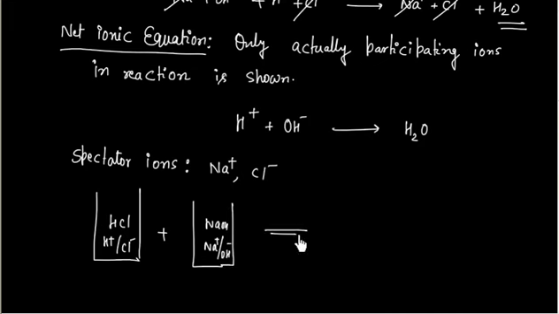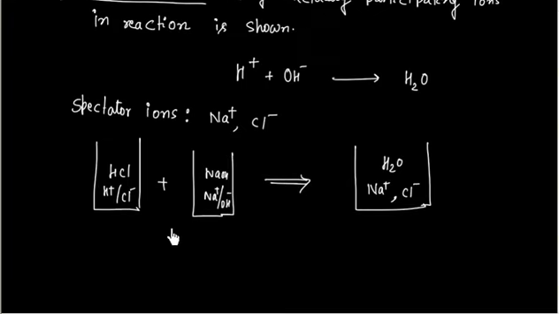If you mix these two solutions, water will form, and the solution will still have Na+ ion and Cl- ion. Initially you have Na+ and Cl-, and finally you also have Na+ and Cl-. So Na+ and Cl- are not participating in the reaction, and that's why we call this kind of ion a spectator ion.